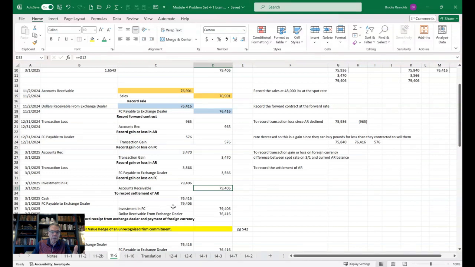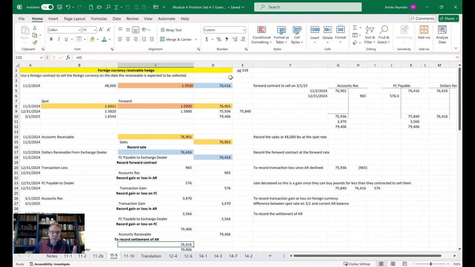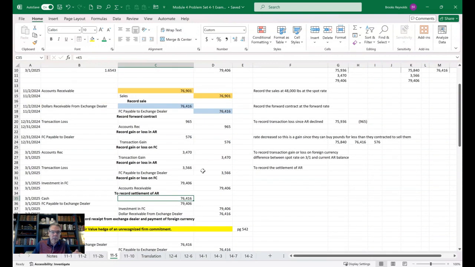Okay. And so that's really the investment in foreign currency. We're going to give that to the dealer, and then the dealer's going to give us the 76,416 cash, which he agreed to do at the beginning. All right. And so this is the payable to exchange dealer.